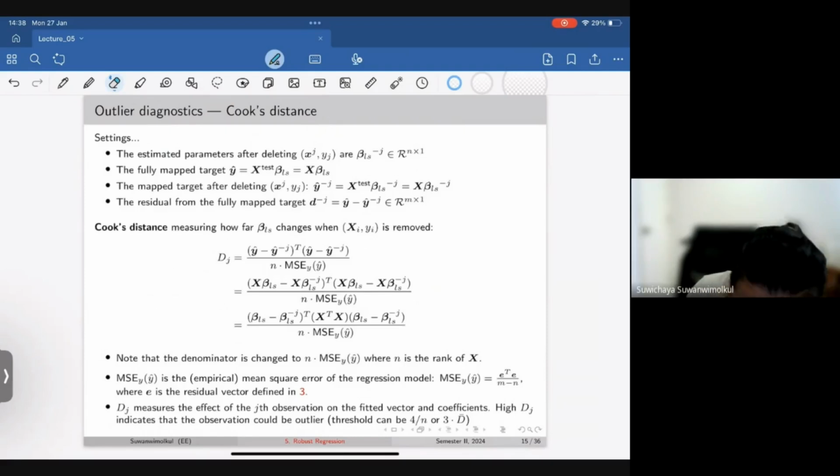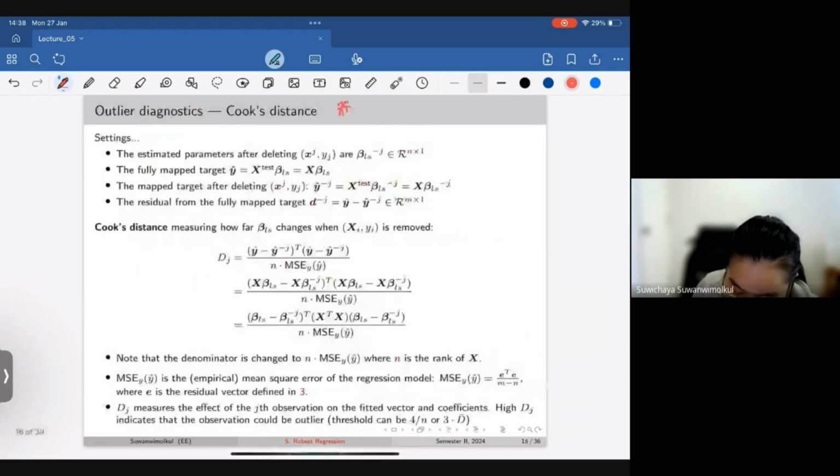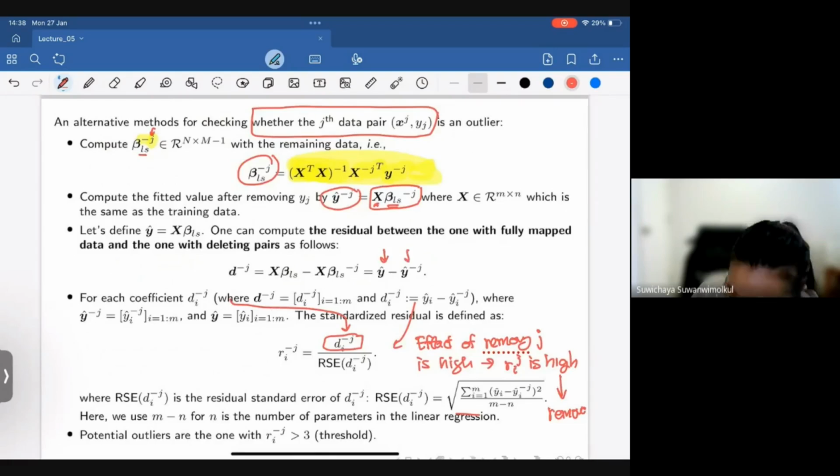The last technique to remove outliers is called Cook distance. Cook distance is similar to the residual analysis in the sense that it considers the residual between before and after removing the noisy training samples from computing beta ls.